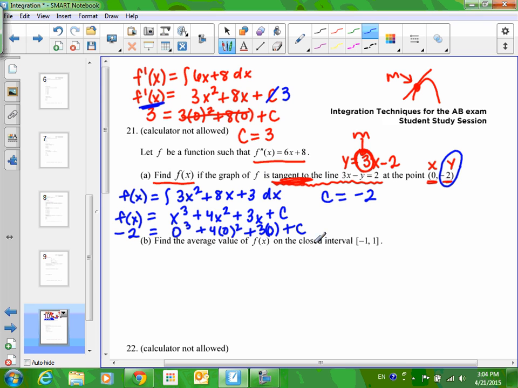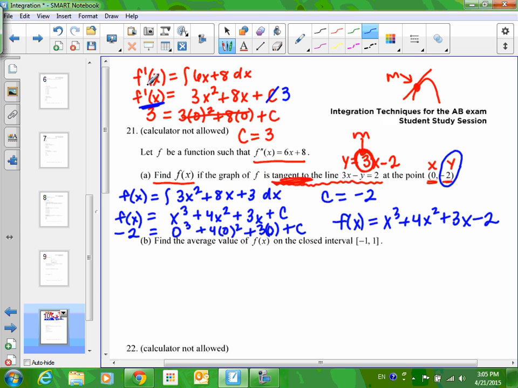So it's like you use the information to find C. You use the slope of the tangent line in the derivative part, and you use the y value and just the regular old f of x. So my final answer here for part A, I know this is a lot of steps. Wait, okay, what did we find at the top? We found f prime.